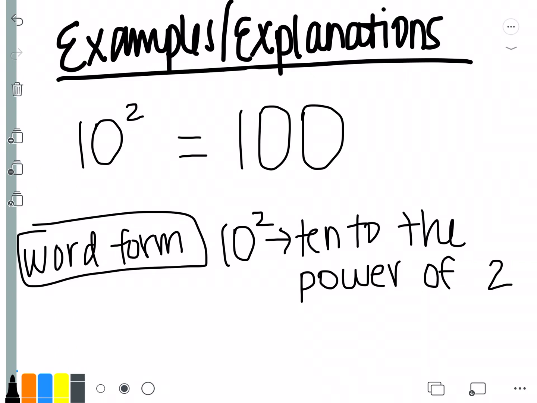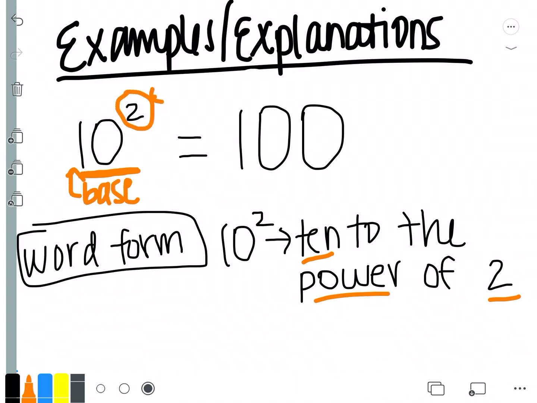So how do you say this, these jumbled numbers here, is you say 10 to the power of 2. And what this is, 10 is your base, and 2 is your exponent.